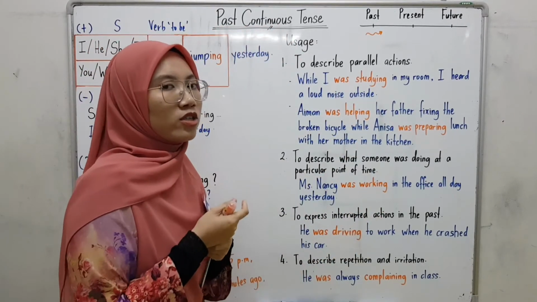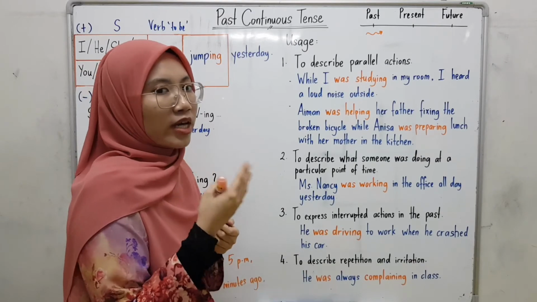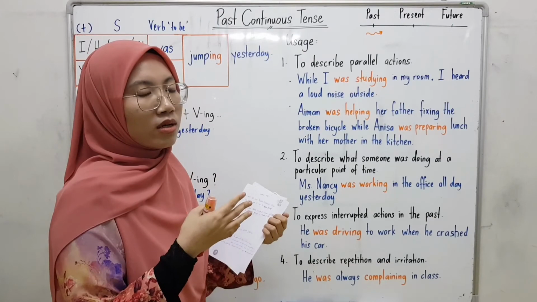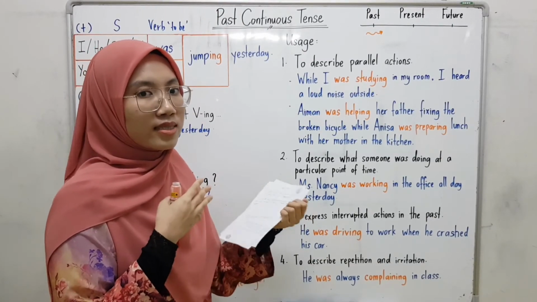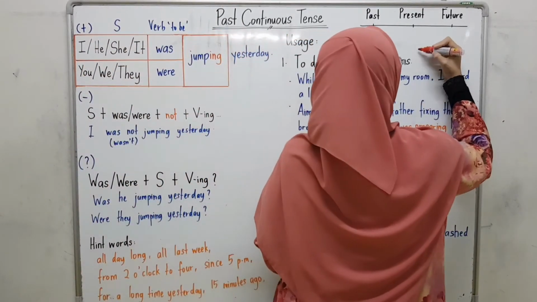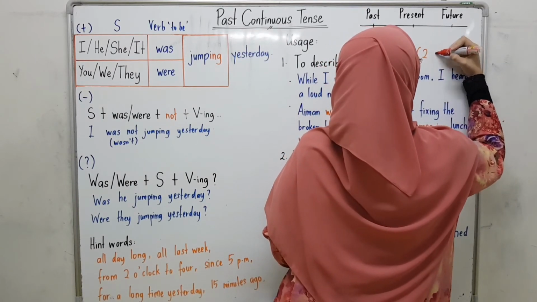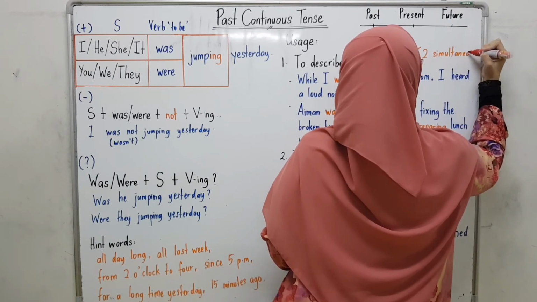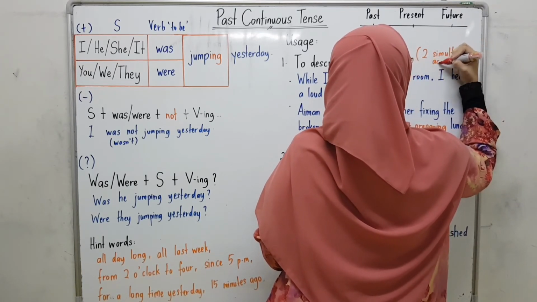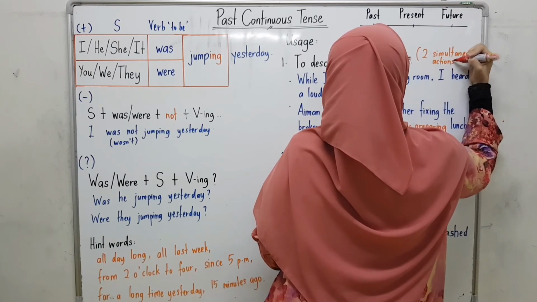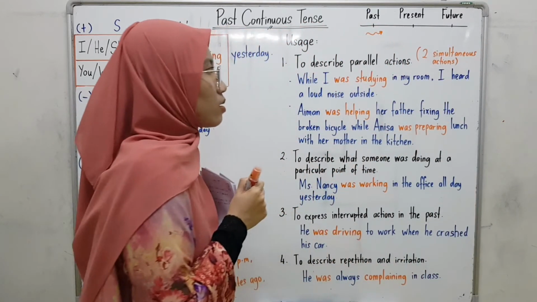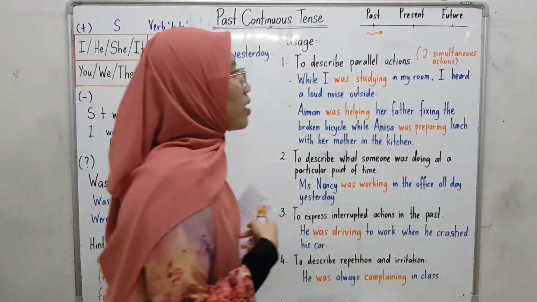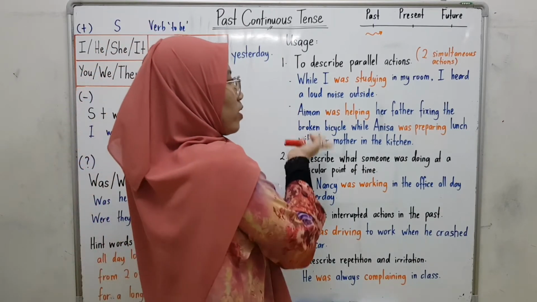Parallel actions are two actions in progress that happen at the same time. It's not necessarily two, it may be three simultaneous actions. We have the examples here.